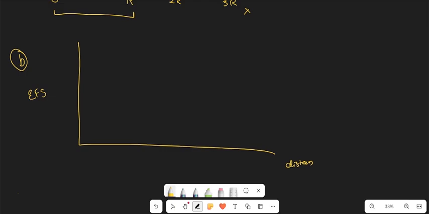Again the same thing, you have 0, then you have r, then you have 2r, and then you have 3r, and here it is 1.0 E, it's 0, and then it's 0.2 E, 0.4, 0.6, 0.8.